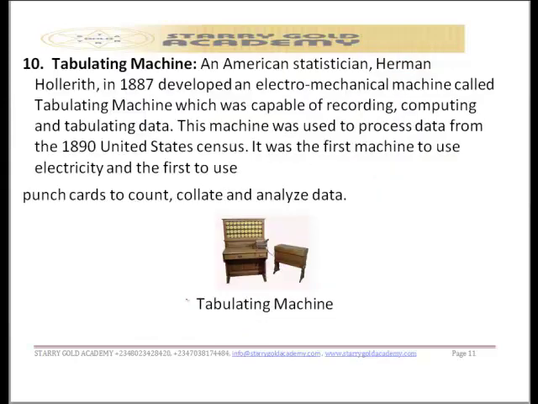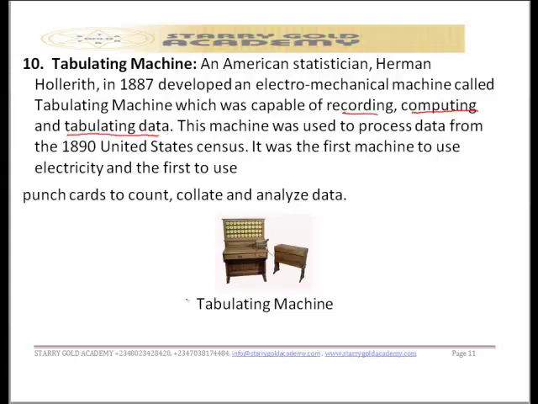Okay. Now, the next one to consider is the tabulating machine. The tabulating machine: an American statistician, Herman Hollerith, in 1887 developed an electromechanical machine called the tabulating machine, which was capable of recording, computing, and tabulating what?